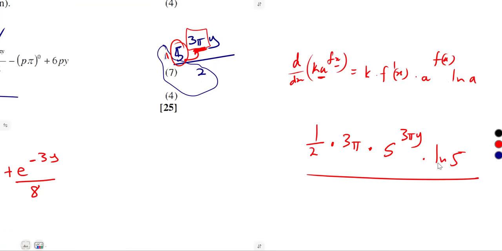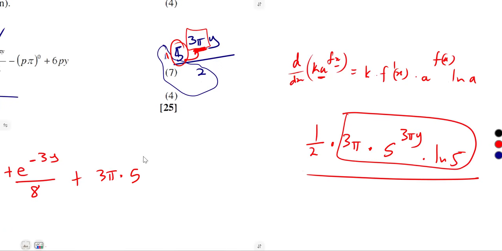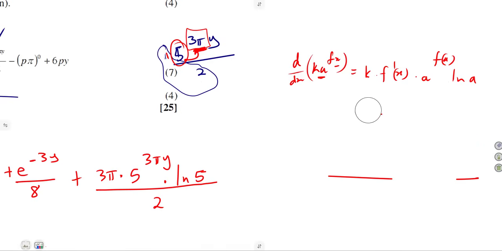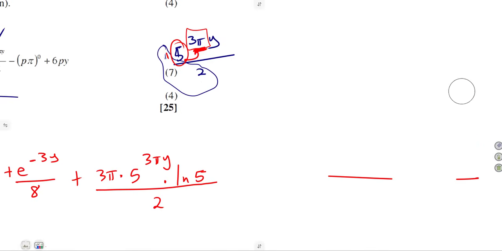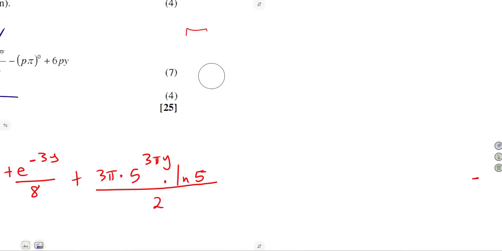Okay, so this one is over 2, so you can just rewrite it: 3 pi 5 to the exponent of 3 pi y times the ln of 5, everything over 2. We do not have another part like this one, so let me just erase.